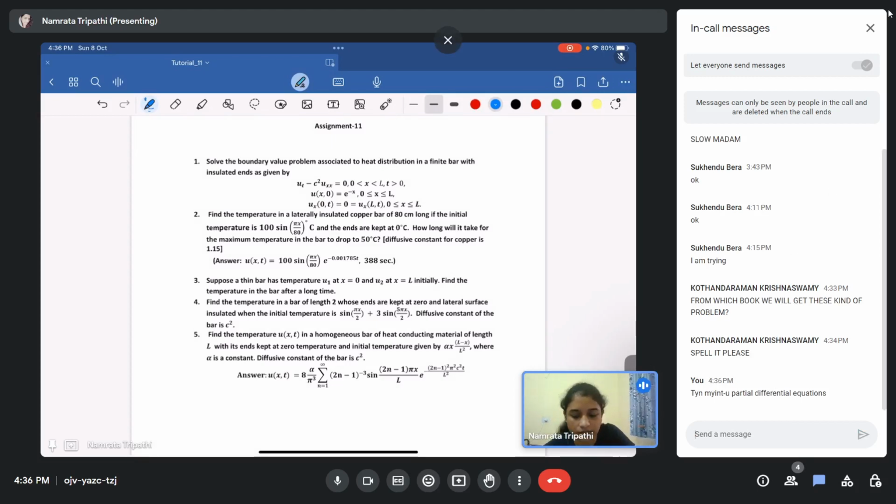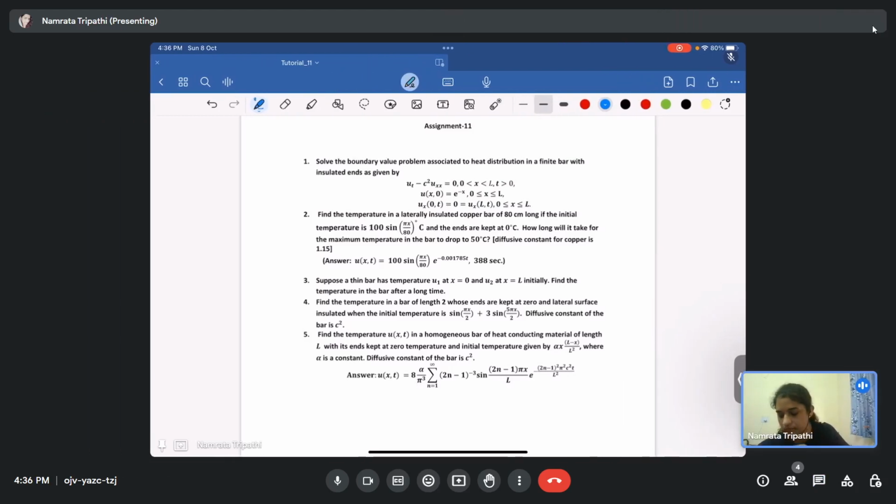Otherwise, I will suggest another one. I'm not able to recall the name of the book. I will suggest it in the next session or on WhatsApp.